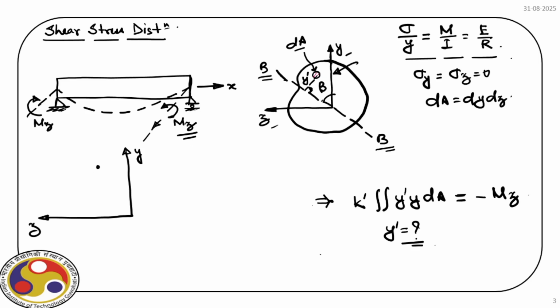Also we have neutral axis, so this is the neutral axis and it makes an angle beta. So what we do, we drop the perpendicular over the neutral axis, and that is y prime.